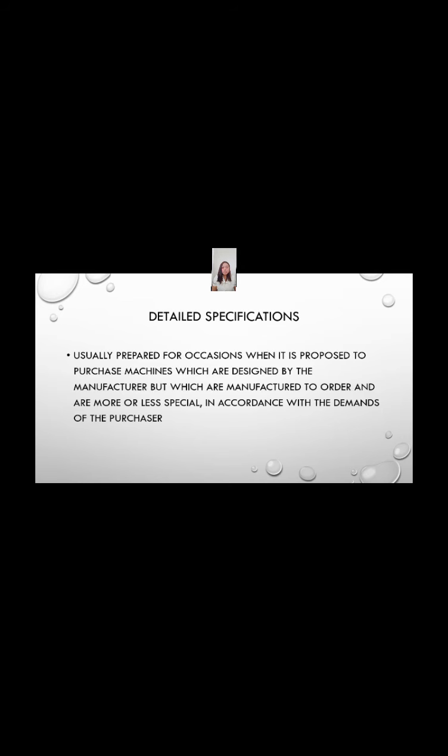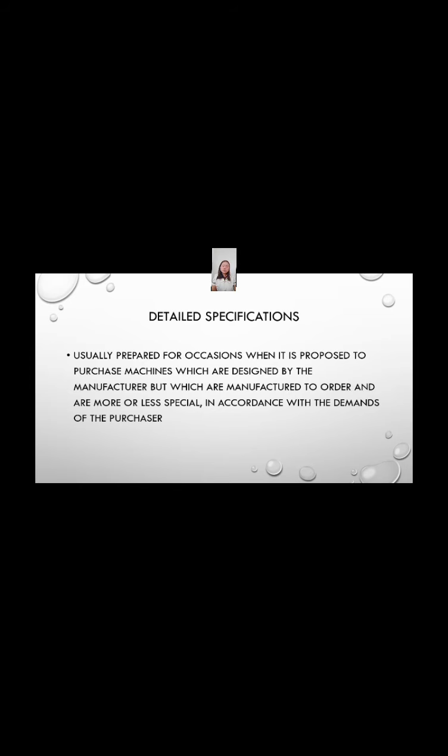Detailed specification is usually prepared for occasions when it is proposed to purchase machines which are designed by the manufacturer but which are manufactured to order and are more or less special in accordance with the demands of the purchaser. So, detailed specification is if you add a proportion, if you add a detail or something you want to add in a machinery.